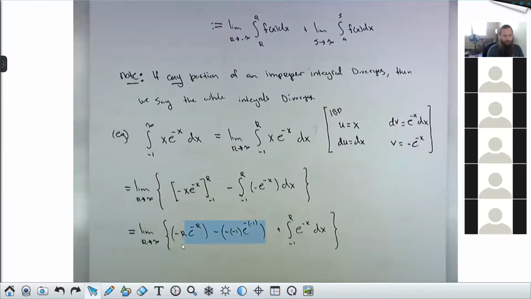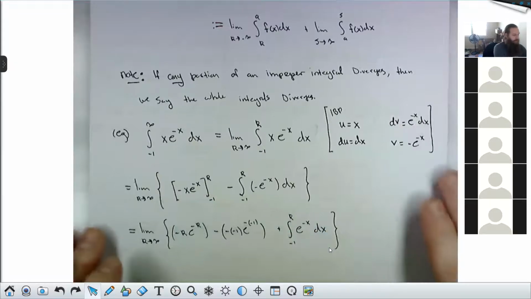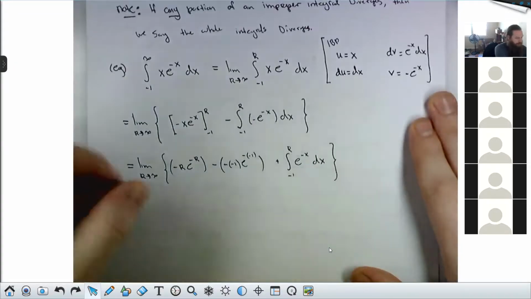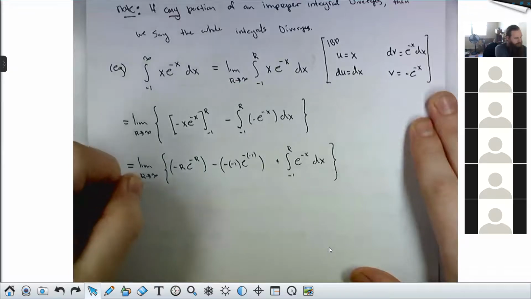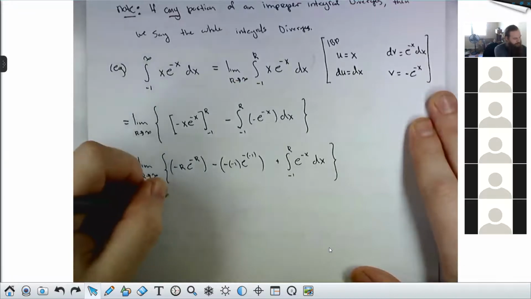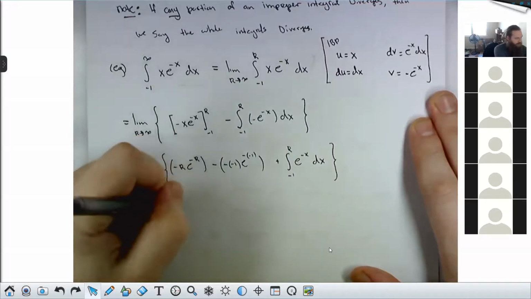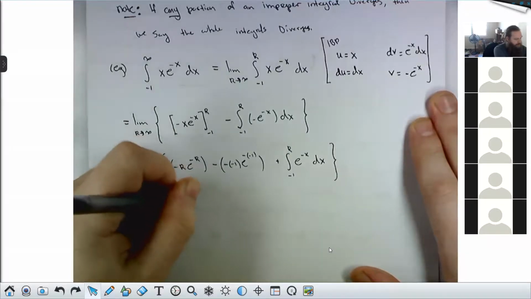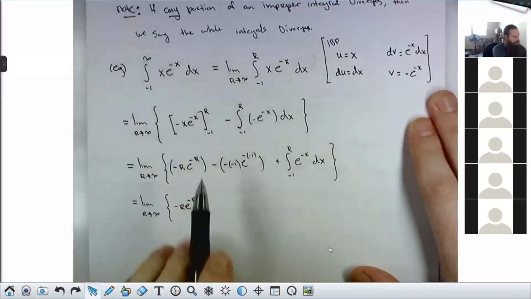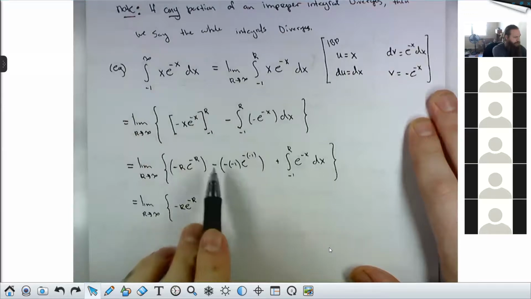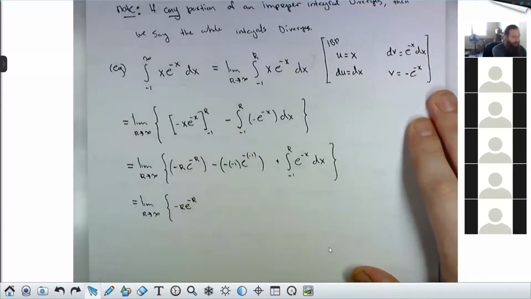This mess here can be cleaned up a little bit. We also still need to take our integral here. So this is lim r to infinity. This piece doesn't change, -r e to the -r. What about my negatives here? I've got minus, minus, minus.